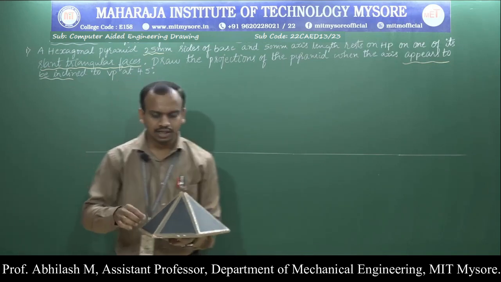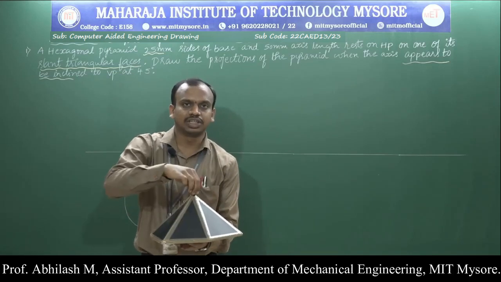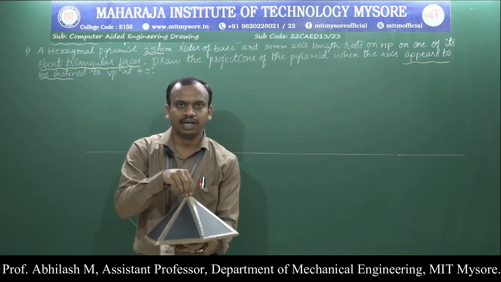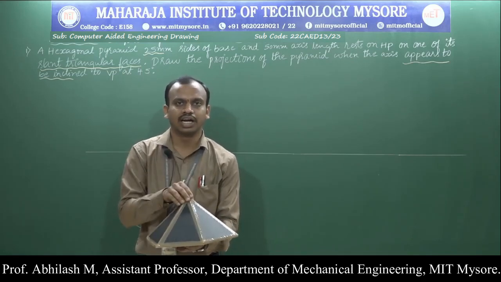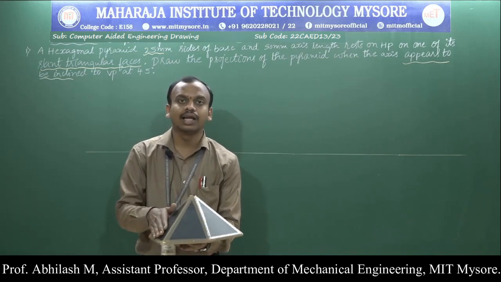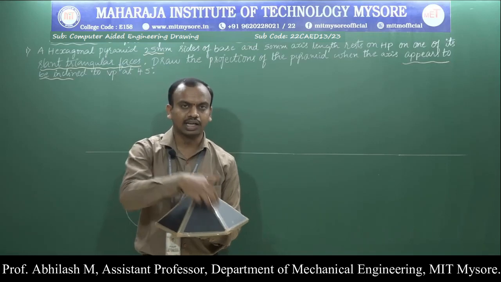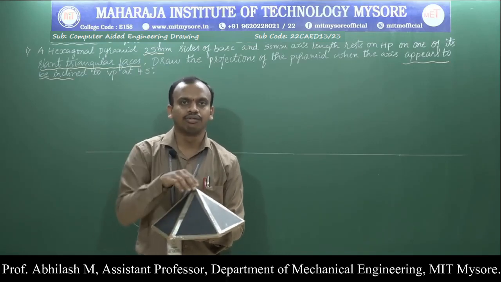And we know that from each corner the slant edge connects to the apex of the pyramid, whereas here they have given a new type of condition, where they state the slant triangular face. What is the slant triangular face? The two slant edges connecting will give rise to a slant triangular face.